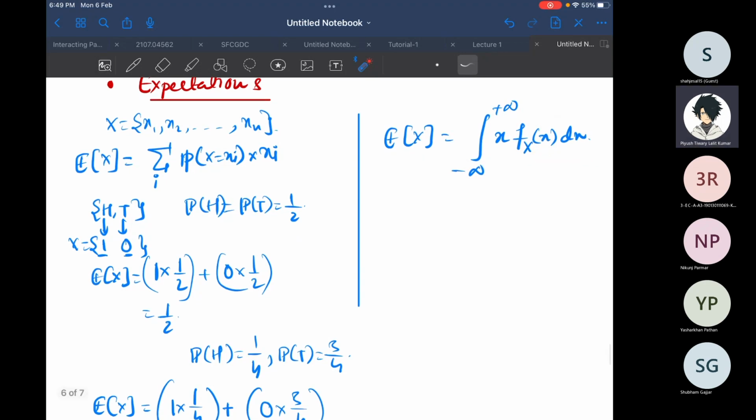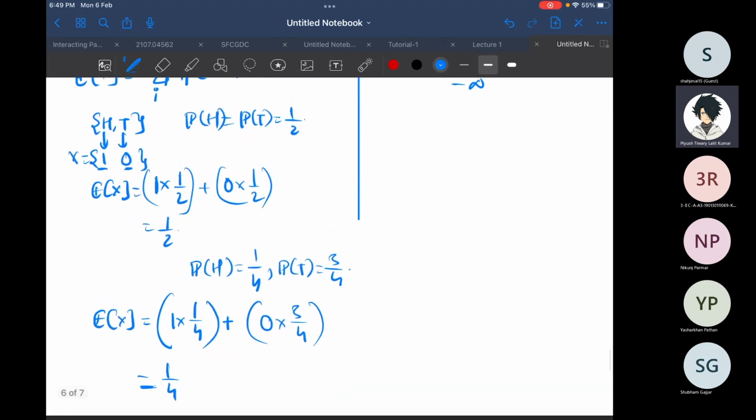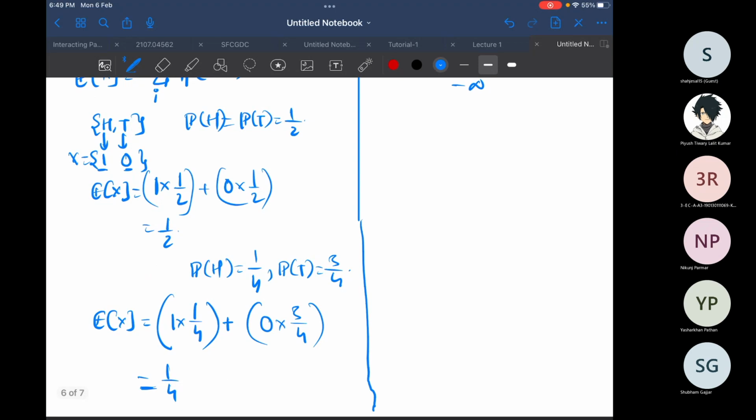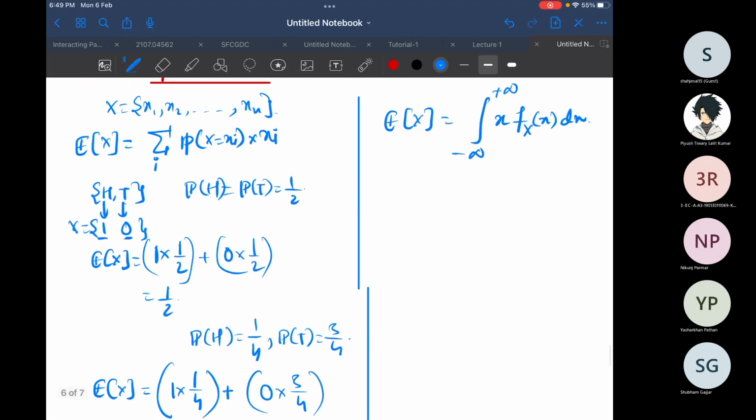So if I have to take an example, which random variable should we take? Let us take the uniform random variable. Let's say x is coming from a uniform distribution on (a, b), and f_X(x) is, if you remember, 1 upon the length of the interval, which is 1 upon b minus a.